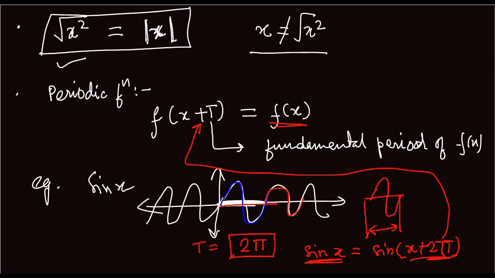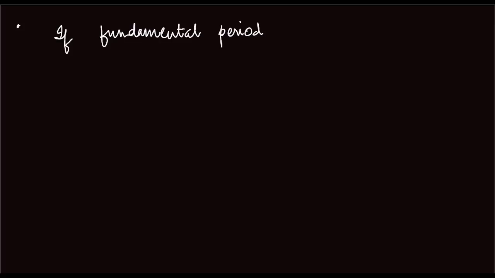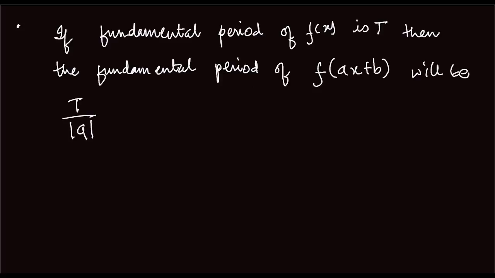Now, there are two main points about this. Let me explain to you. First point is, if the fundamental period of f(x) is T, then the fundamental period of f of ax plus b will be T upon mod a.